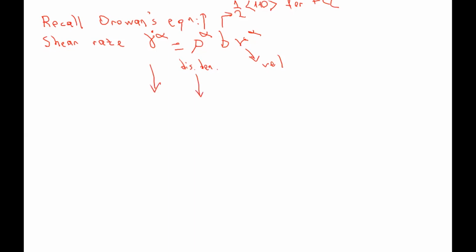And let's check the units. What is the unit of dislocation density? Do you remember the unit of dislocation density? No, I cannot remember. Anyone who remembers the unit of dislocation density? It is basically dislocation per unit meter, right?